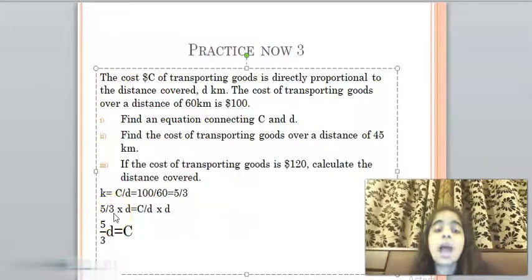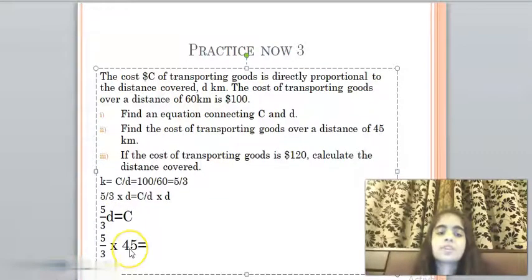I already have the equation, and this is how I'll easily find my cost. So it will be 5 upon 3 multiplied by 45. So 45 divided by 3 will be 15, and 15 multiplied by 5 will be 75. So our cost will be $75.